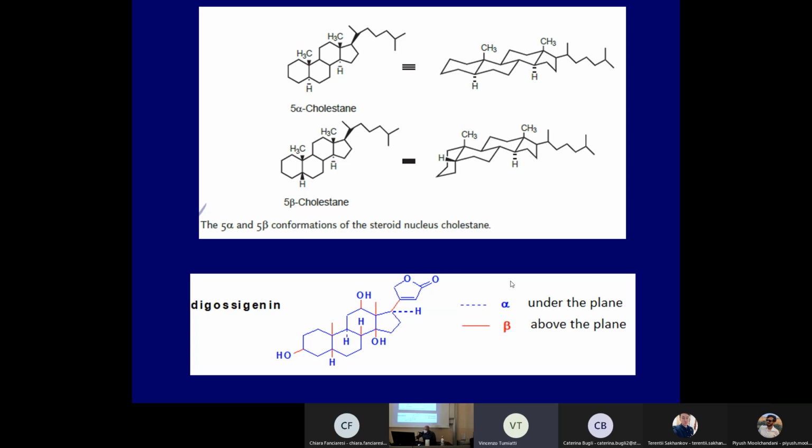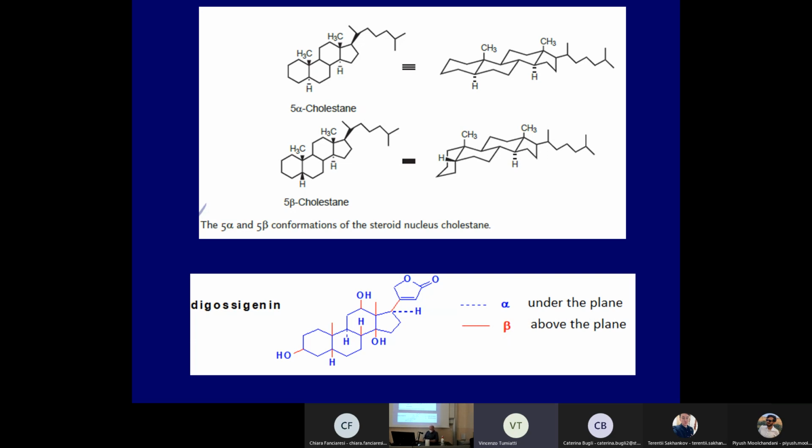Once again, please remember the meaning of alpha and the meaning of beta. Alpha is when a substituent is under the plane. You see this proton, for example. Beta is when the substituent is above the plane. For example, this five-membered ring, you see this red bond.